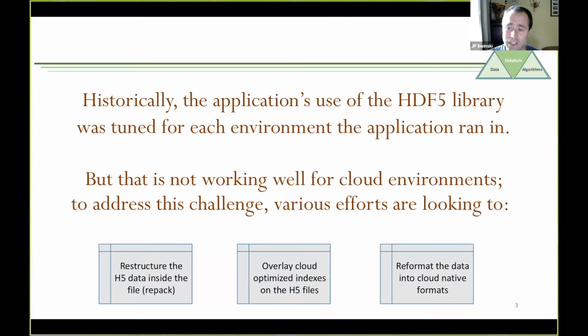But recently, and I think this is probably a shared experience for many of you, that historical approach isn't working quite so well when we move to the cloud. Many of us have probably gone down the path of tuning our applications, and we're still not reaching the performance that we need in the cloud environments.